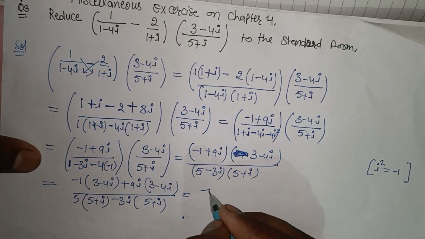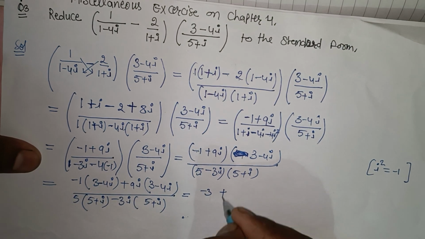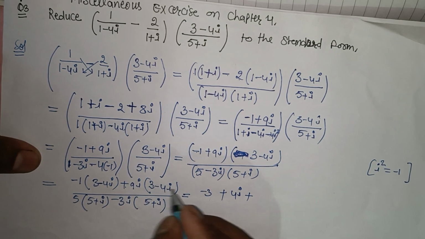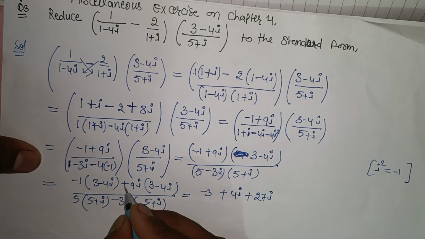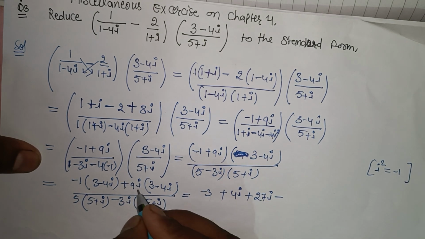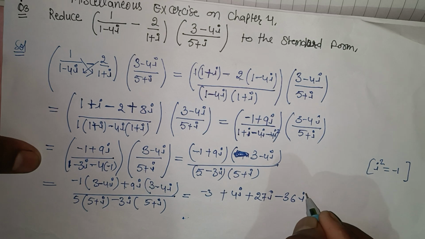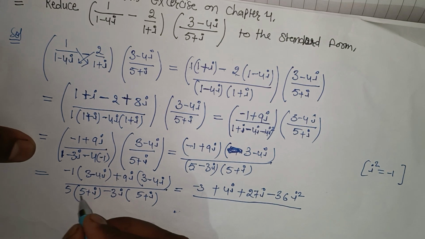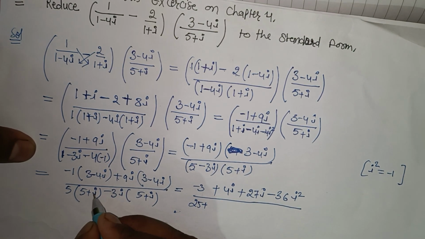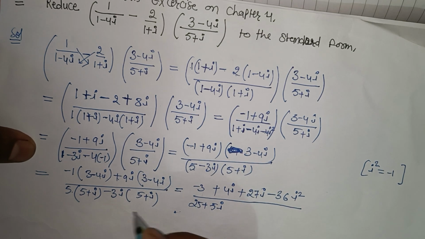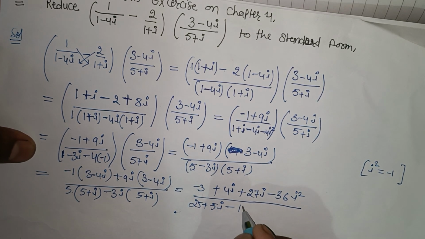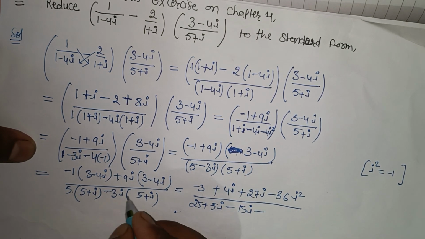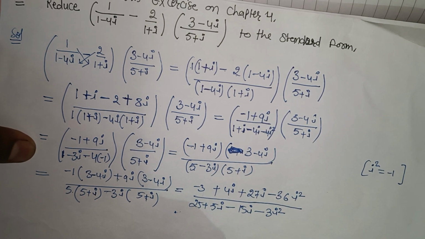The numerator becomes minus 3, then minus minus plus, 4 iota ones are 4 iota, plus 9 threes are 27 iota, then plus minus minus, and 4 nines are 36 iota square. The denominator becomes 5 fives are 25 plus 5 into iota, 5 iota, minus 3 fives are 15 iota, and minus plus minus 3 iota into iota, 3 iota square.